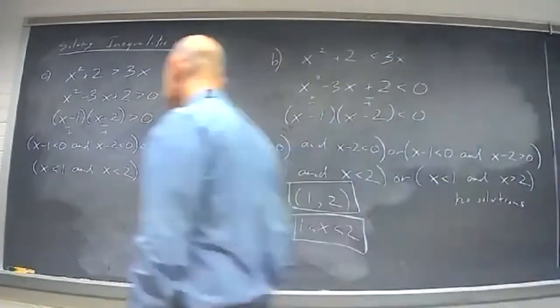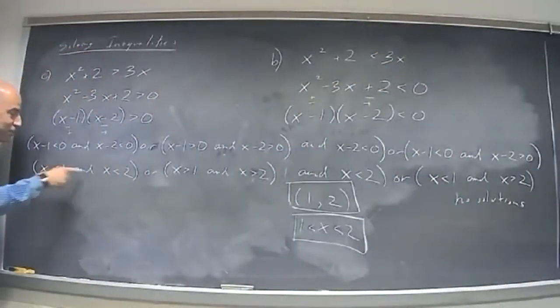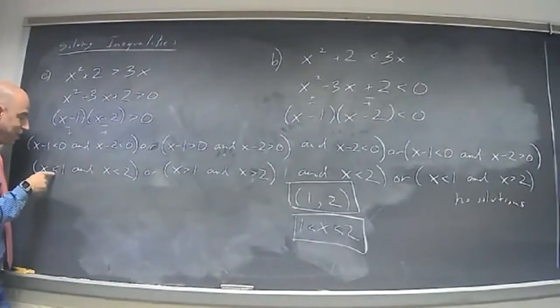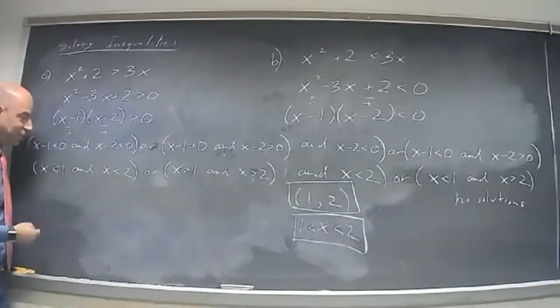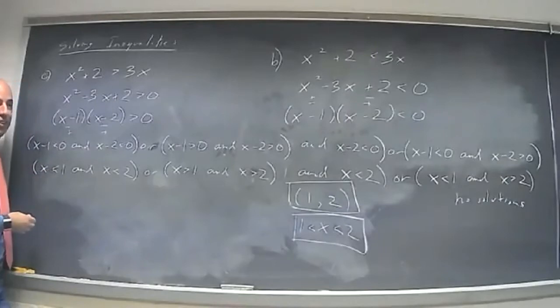Okay, so this first one here, if I tell you a number is less than 1, and I'm also telling you it's less than 2, what am I really telling you?